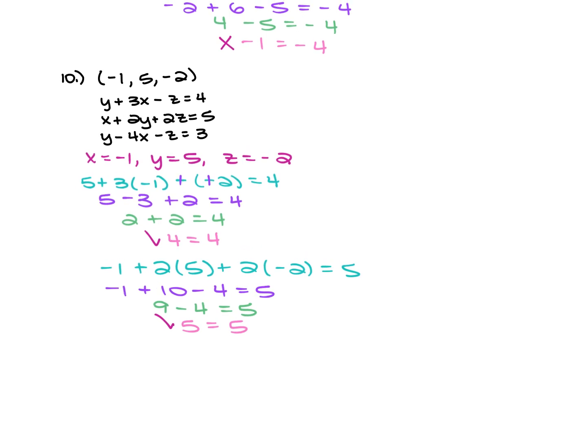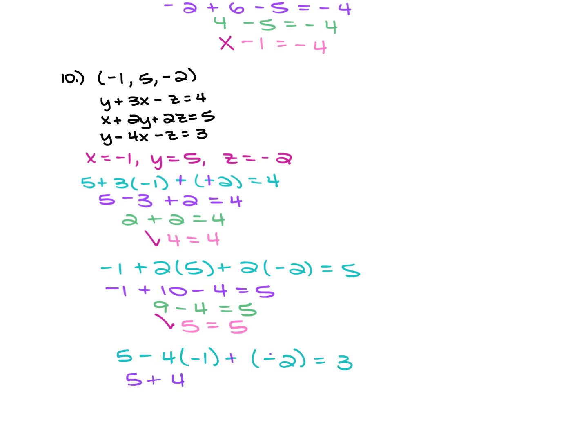Your last one, you have y minus 4x minus z is equal to 3. So we're going to plug in our values, and that's going to give us 5 minus 4 times negative 1 minus z, which is negative 2, is equal to 3. The negative 4 times negative 1 gives us a positive 4, so it's 5 plus 4.